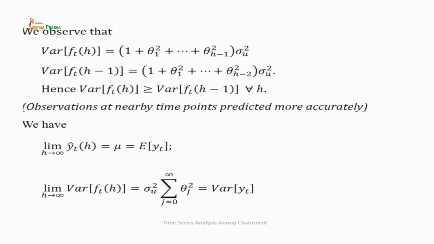So, if you are forecasting at a very long horizon, for a very large value of h, then your forecast becomes the mean of the process, and variance of the forecast error is the same as the variance of y_t.